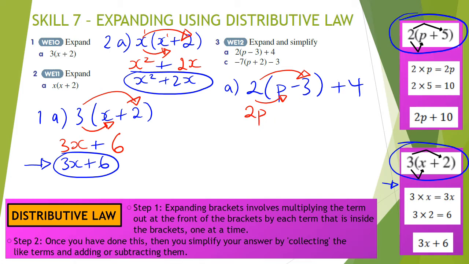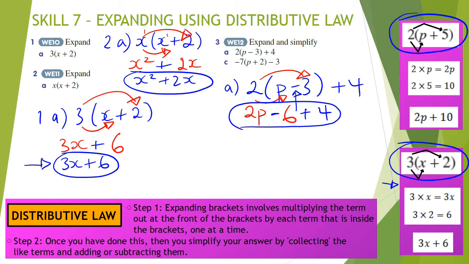Then we put a minus sign in because there's a minus here. So we've got minus, and then 2 times 3 gives 6. Then we put the plus 4 on the end. At the moment, our answer is 2p subtract 6 plus 4.